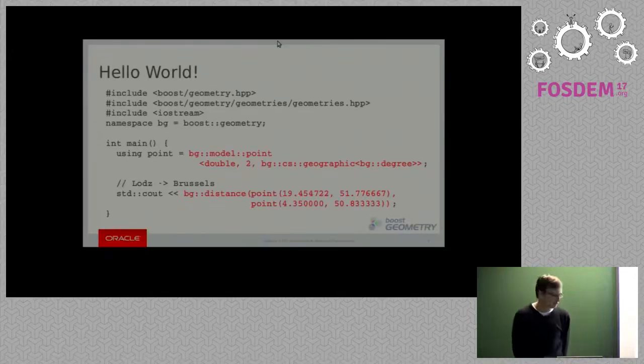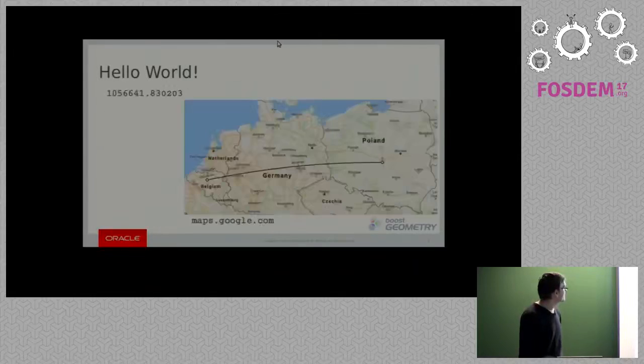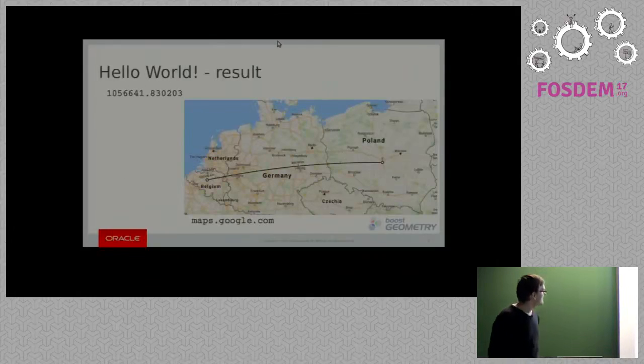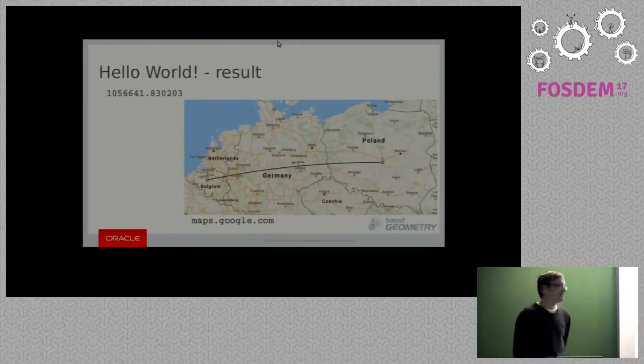One is my home city, Łódź in Poland, and the other one is Brussels. And what I get is the distance. It's different than the distance displayed at Google Maps, because here we are actually using the spheroid model, and Google uses the sphere.